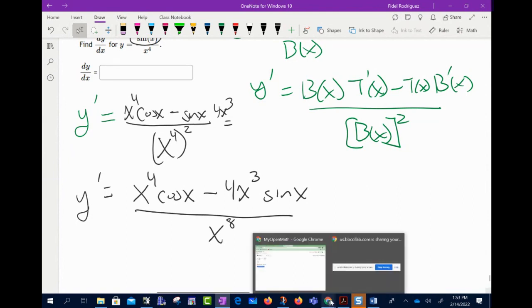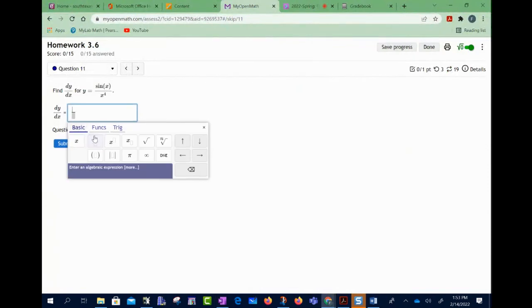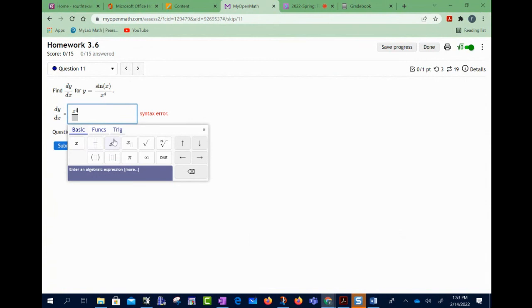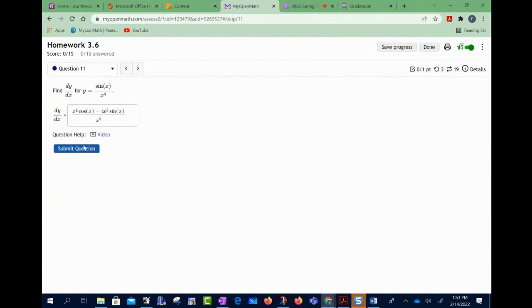If I come back over here, I'm going to type that in right here. Let me get my fraction bar. X to the fourth, the derivative of sine x was cosine x, minus 4x to the third sine x, all over x to the eighth.